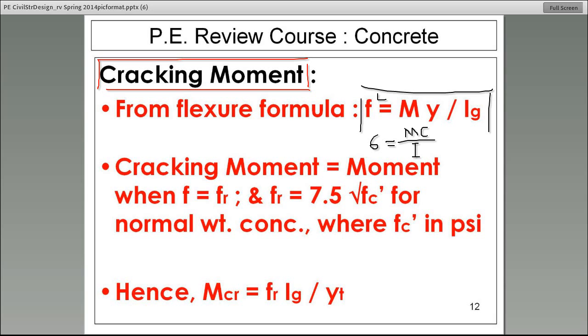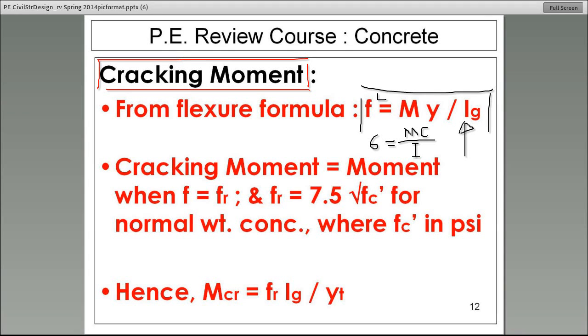And the denominator, which was moment of inertia, is still I, moment of inertia, but this one has a subscript G. It's I sub G. G stands for gross in this case, and I will explain to you what that is in just a minute. All right? So the flexure formula in terms of concrete is f is equal to My over I sub G.